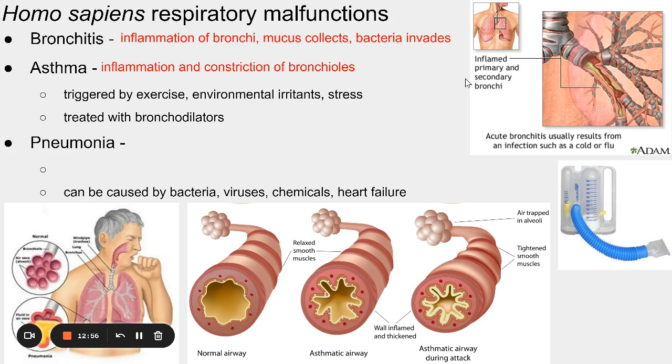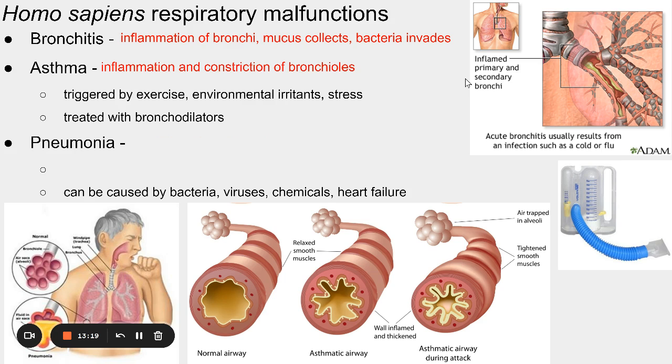But if a person with asthma has an asthma attack, it causes the muscles around these bronchioles to constrict. You can see that in this third picture. There's an even narrower passageway to bring air into the lungs, and it makes it more difficult to breathe.